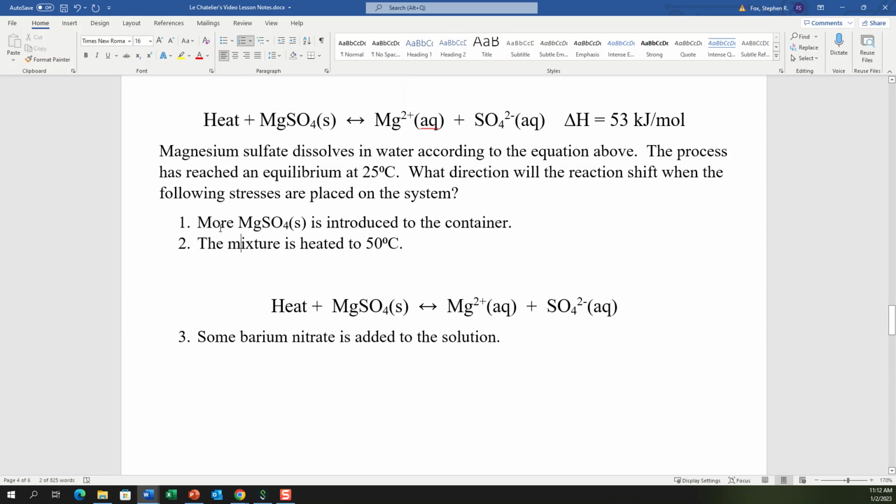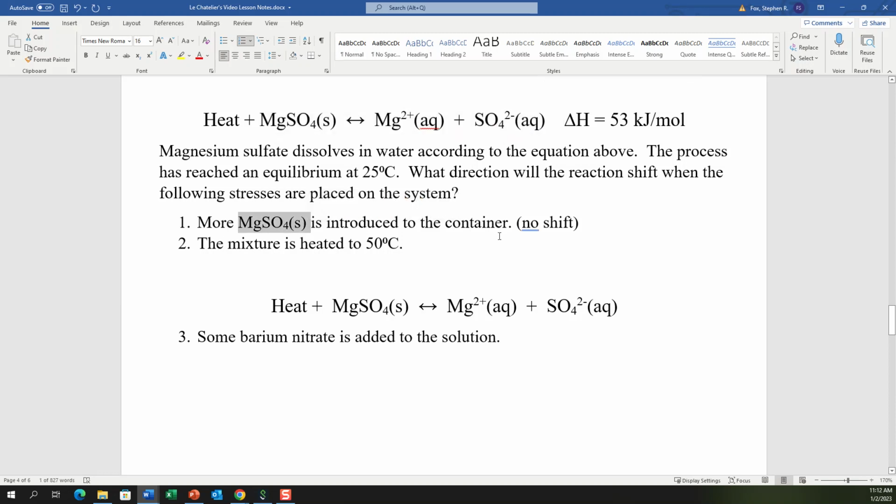All right, so more solid magnesium sulfate is introduced to the container. Okay, this is a trick question, no shift. Think about it. When a salt dissolving in water has reached equilibrium, that means the solution is saturated. That means you can't dissolve any more of that salt unless you added more water. So all we did was add more salt to the container.